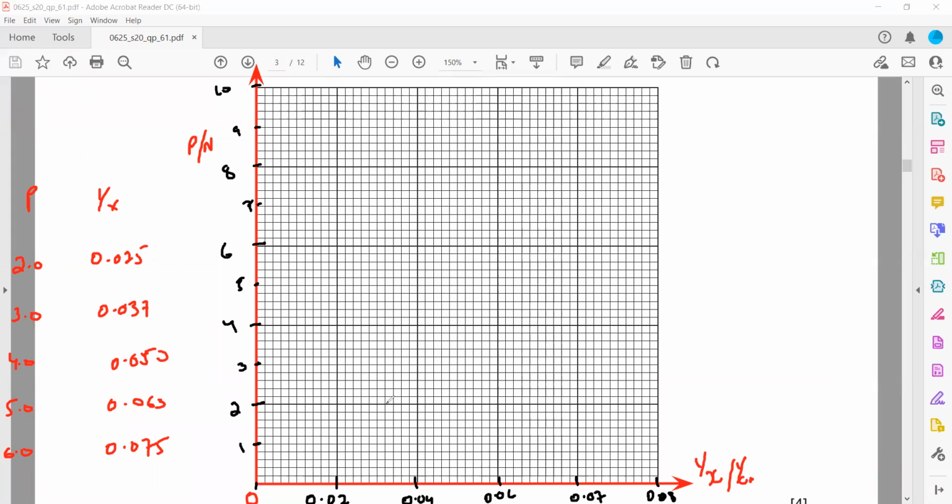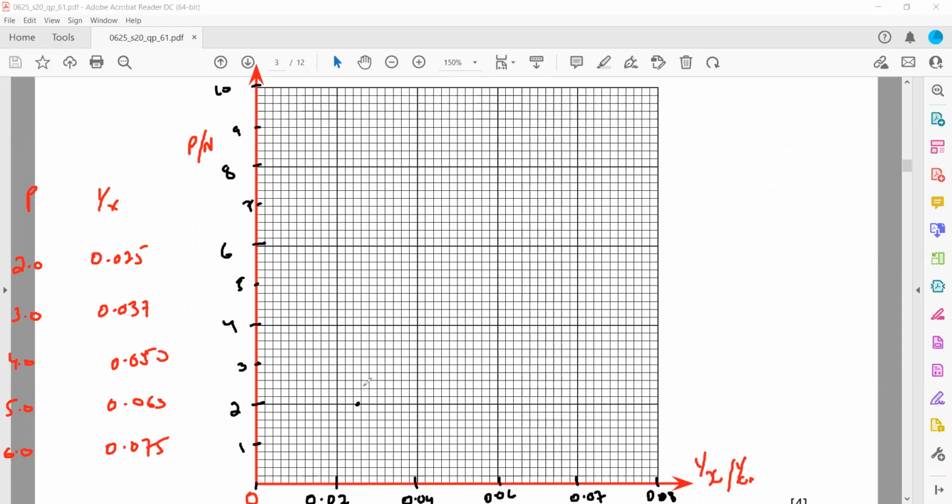Now, when we plot the result, when it is 2, 0.025. So each box is like this is 0.022. This is 0.024, and this is 0.026. So between them is 0.025. So this is the first point.